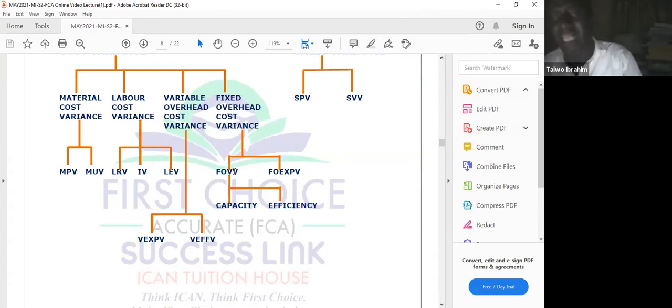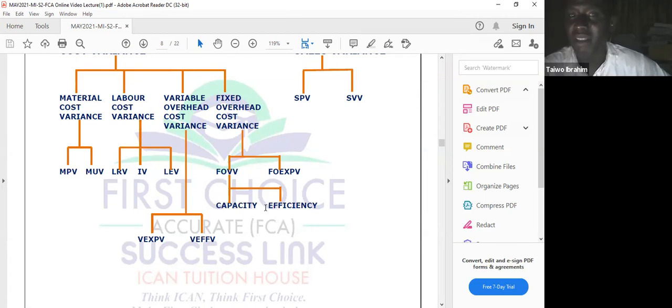You see, this over or under absorption of fixed overhead, due to the volume difference or volume of production difference, is what they mean by fixed overhead volume variance. This volume difference can be due to either capacity or efficiency. Capacity is talking about what we have the capacity to produce and what we actually produce, in the sense that we're estimating it in terms of hours of production.